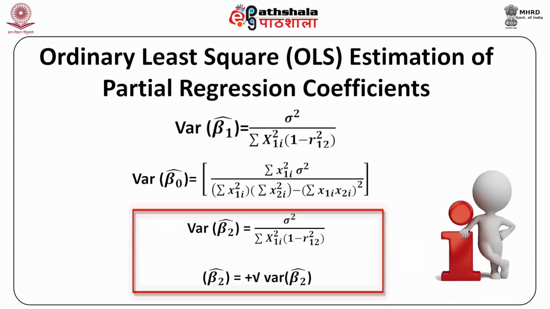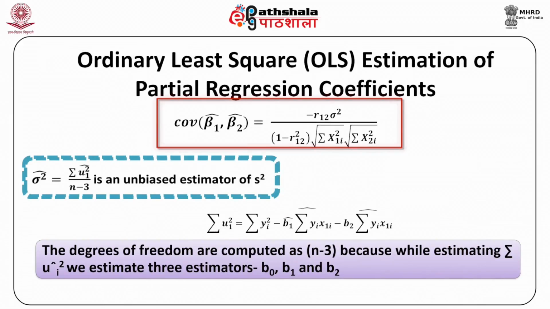Standard error of beta hat 2 is equal to plus under root variance of beta hat 2. Covariance of beta hat 1 and beta hat 2 is equal to minus r12 sigma squared divided by 1 minus r squared 12 into root of summation x squared 1i into root of summation x squared 2i.